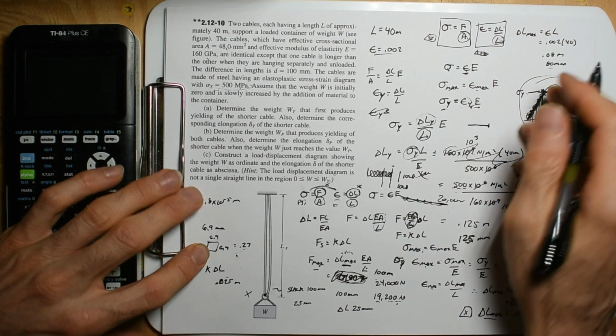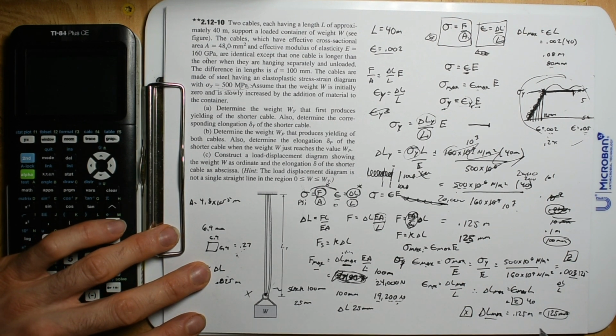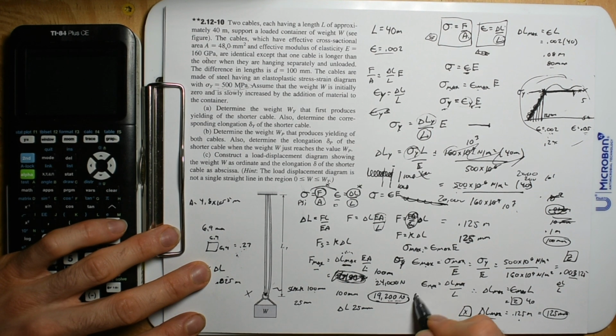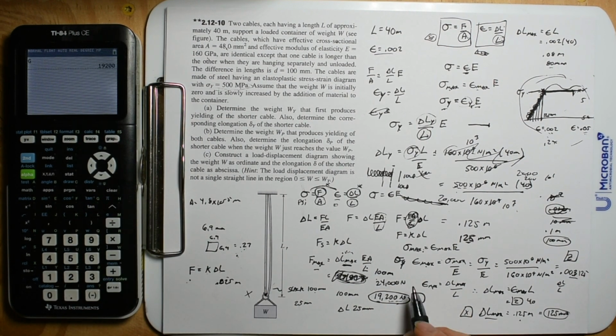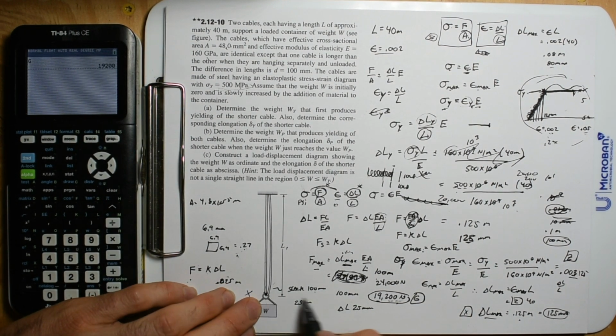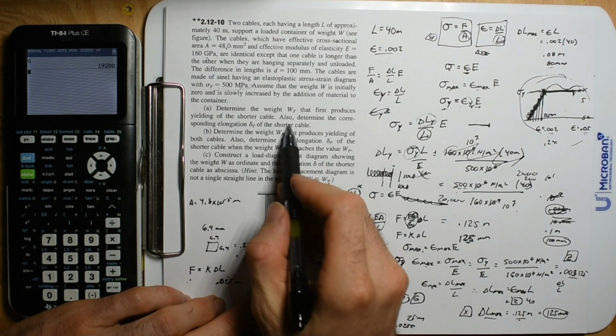But anyway, okay. So we know that one cable can take 100 millimeters of stretch and take this 19,200 newtons. I'm going to store that as G. So we got that, and then we stretch the cable that extra 25 millimeters, or 0.025 meters, till that first cable, that's what it asks.